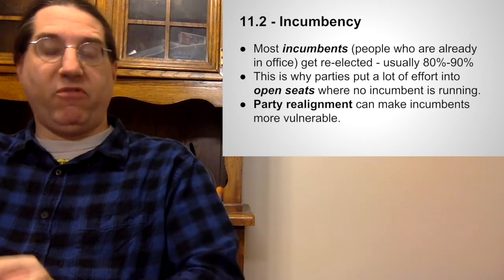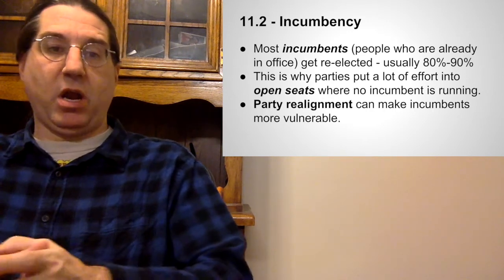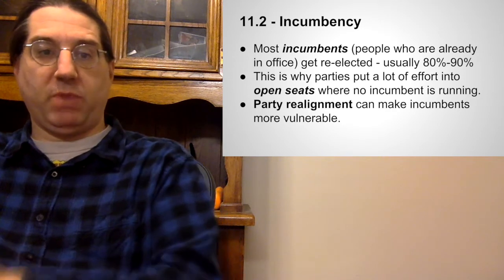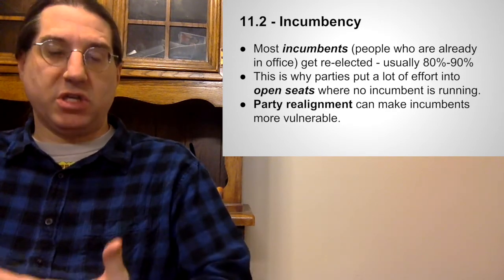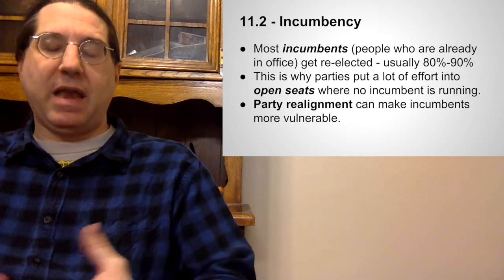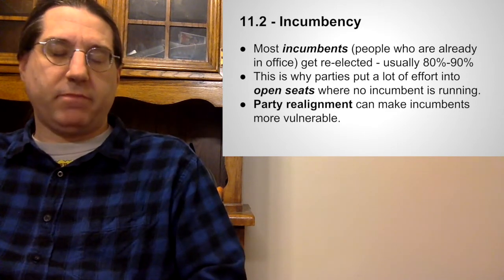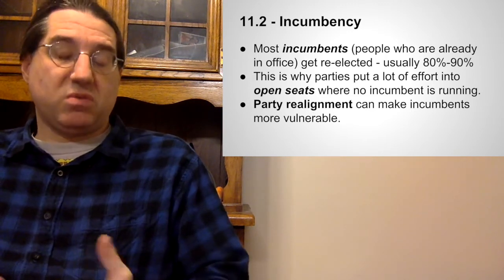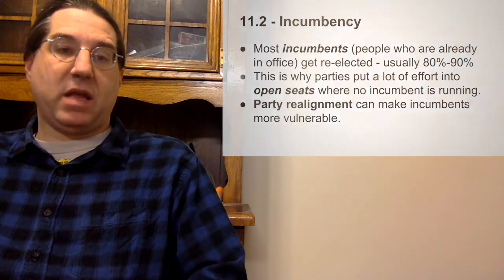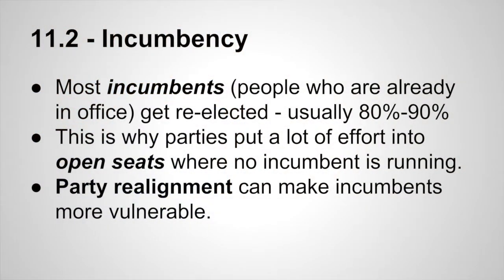If the voters in that area are steadily moving away from the Democratic Party and to the Republican Party, well then sooner or later, even the incumbency advantage isn't going to protect you, and several Democratic incumbents in southern states have been defeated for reelection over the last few cycles.